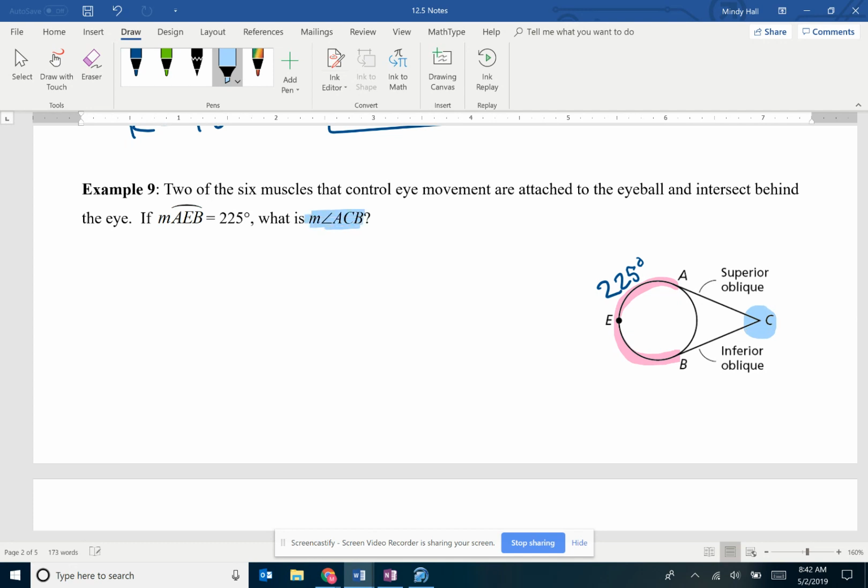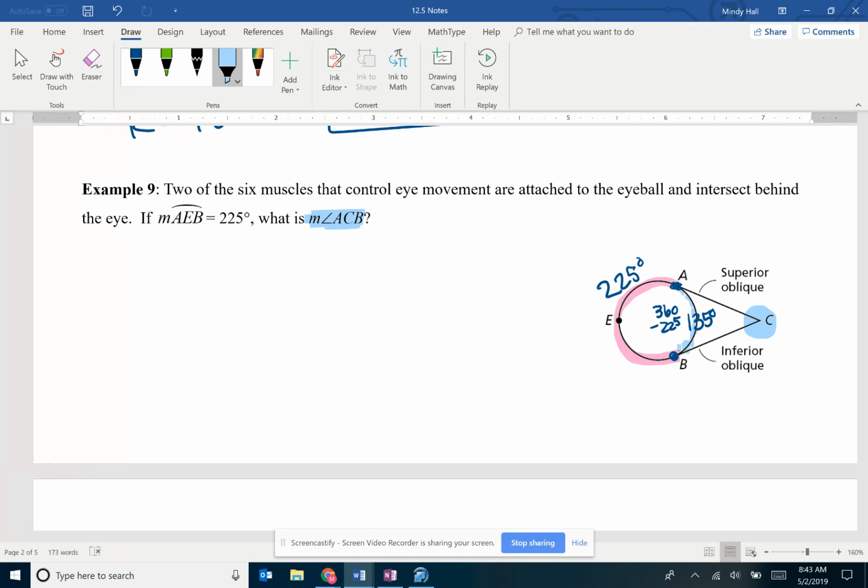So if you notice with this ACB, we would need to know what this other arc is. And if you notice, there's only 2 arcs on this circle because we have our 2 points of tangency. So this makes your life a bit easier because all you have to do to find your other arc is 360 minus 225. And that tells us that this arc is 135 degrees.